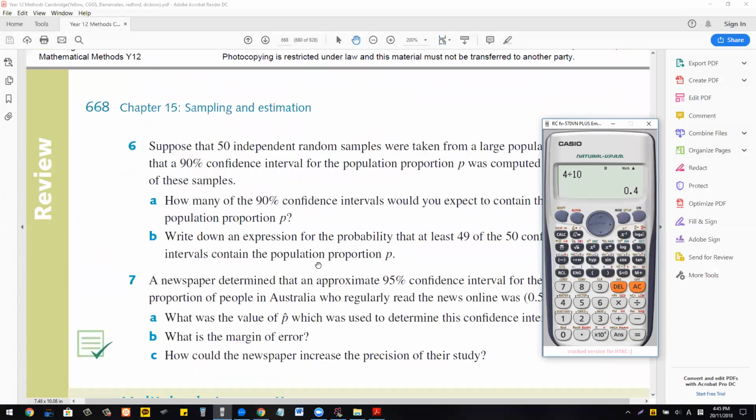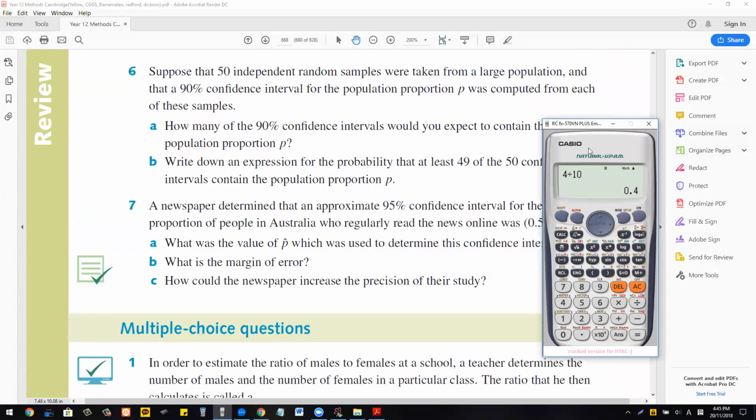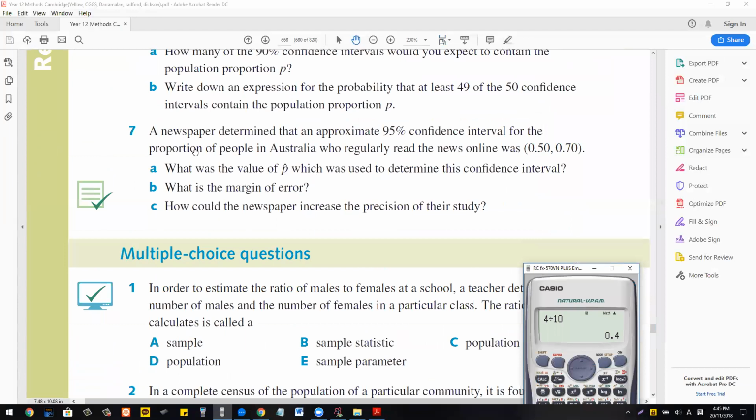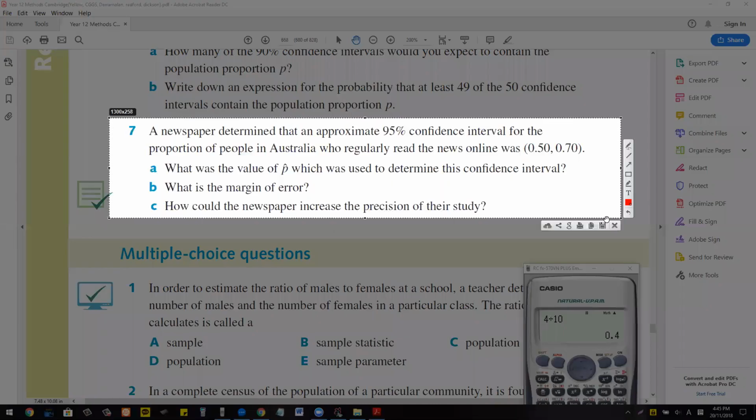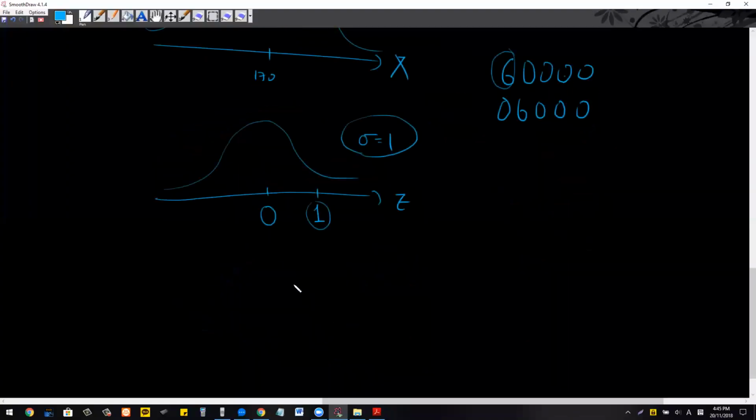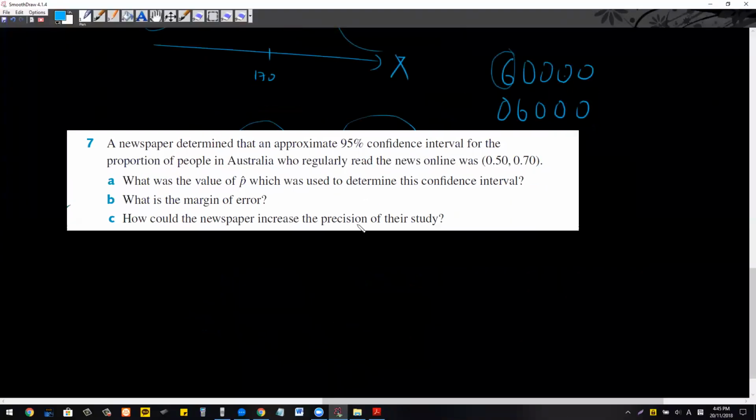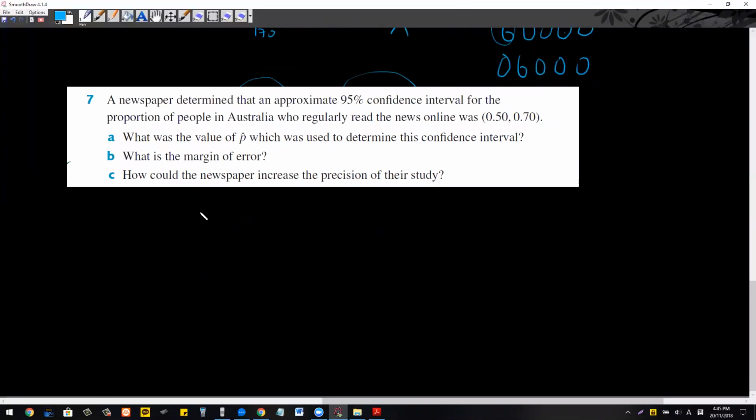We're going to move down to something harder, for example, this one here. Question 7: a newspaper determined that an approximate 95% confidence interval for the proportion of people in Australia who regularly read newspaper news online was 0.5 to 0.7. So here's the idea. So I'm going to capture this. You take some sample size n.